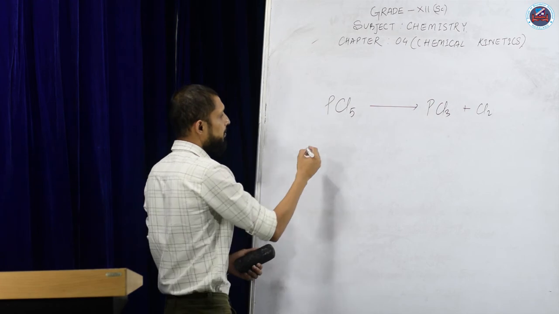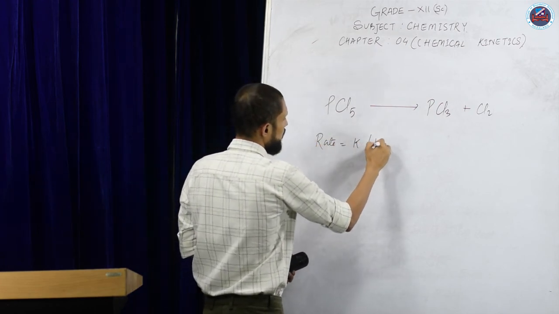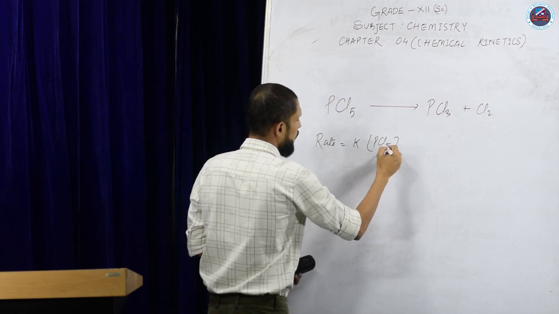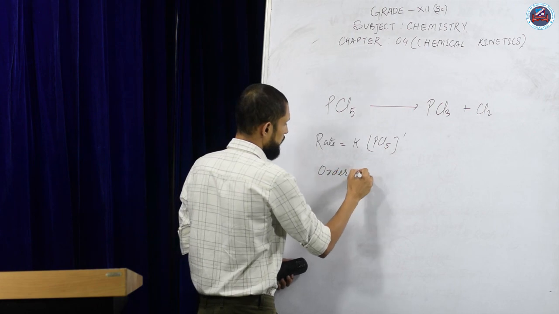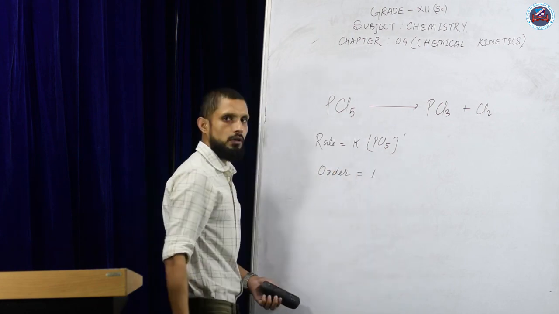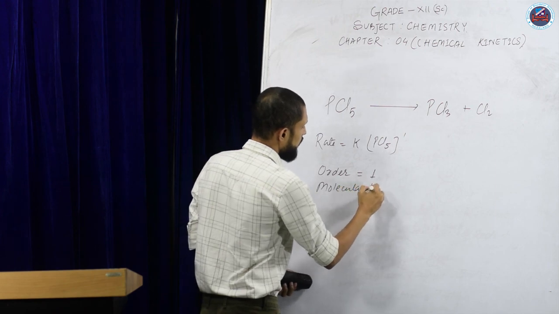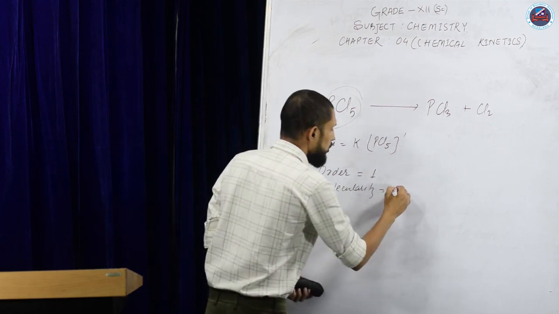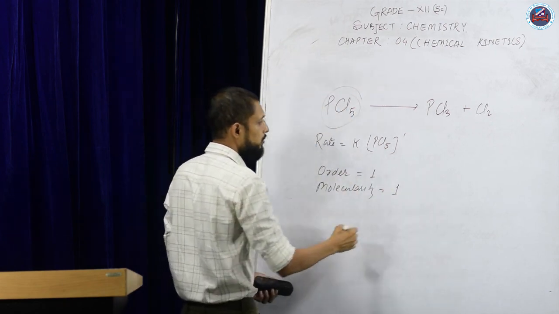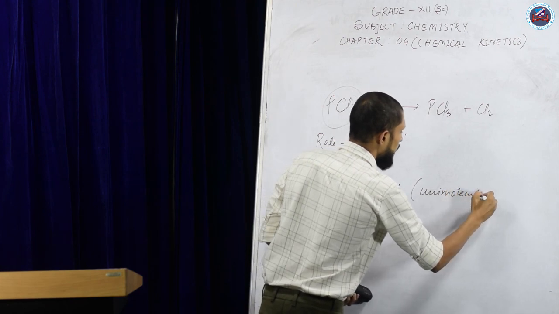So if you apply the rate law, rate is equal to rate constant, concentration of PCl5 to the power 1. The order of this reaction is 1. Molecularity, since there is only 1 molecule of reactant in this reaction, molecularity is also 1, or is also known as unimolecular reaction.